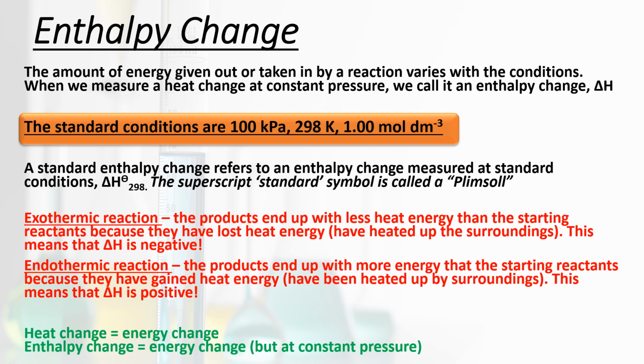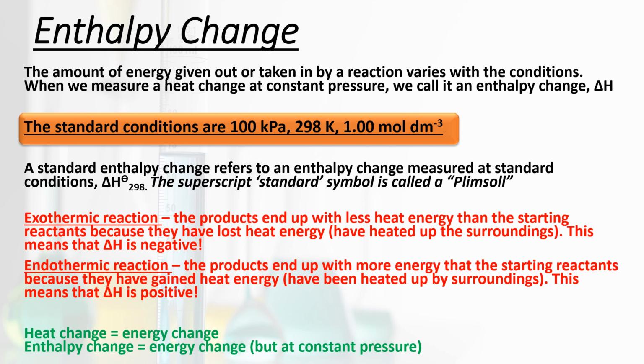If I again have a reaction going on in a polystyrene cup with some water in, and the reaction is endothermic, that means our products have more energy than the reactants had. So they've gained energy, but where have they gained it from? They've gained it from the surroundings. So if you do an endothermic reaction, the surroundings will feel cooler because they've lost energy.